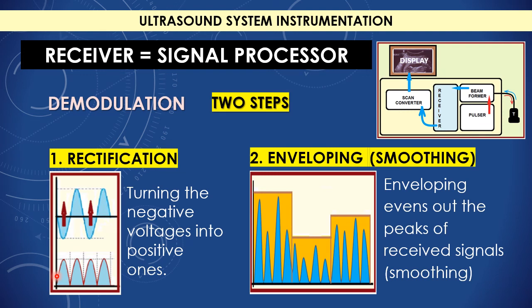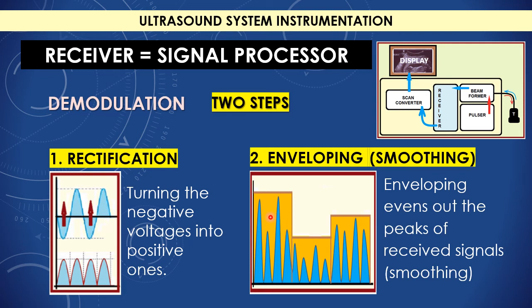Okay, what is the next step? We call it enveloping or smoothing. I now have all the positive values here, and they have spikes or peaks. Sharp peaks, sharp edges, sharp points. These sharp points cannot be processed and cannot be displayed by the monitor.